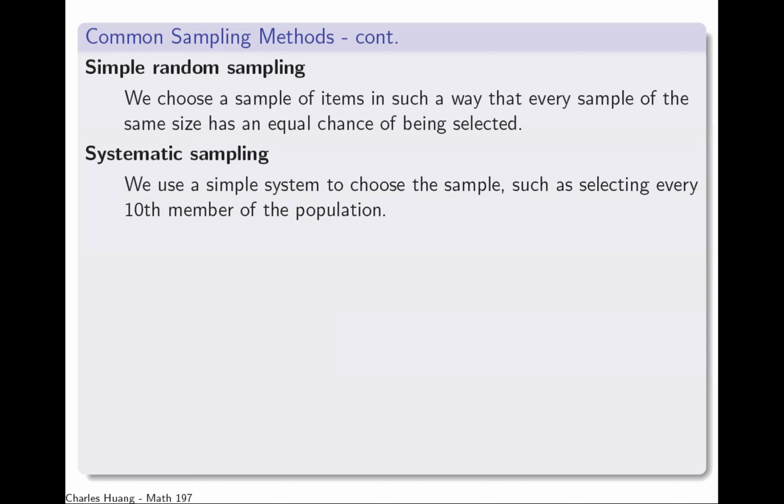We go to our population and we have some sort of way to pick a sample systematically. We can select, for example, every 10th member. We can select everyone whose social security number or social insurance number ends with a certain digit.